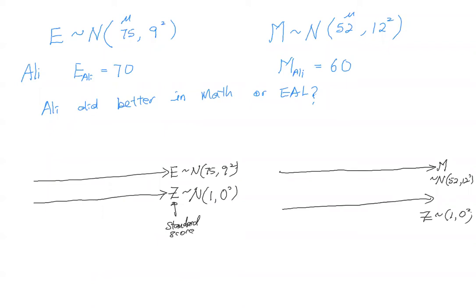So how do they scale it? Okay, for math, the mean is 52, so equivalent to the Z score. Sorry, I made a mistake. The mean is 0, and the standard deviation is 1 unit.